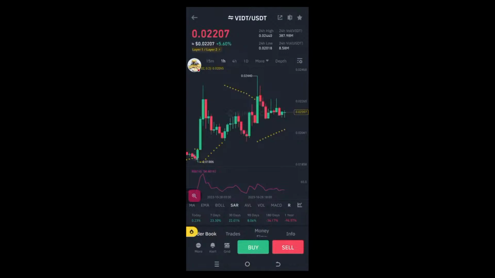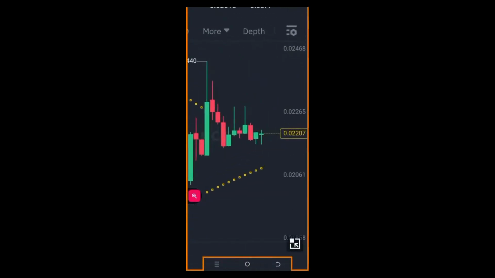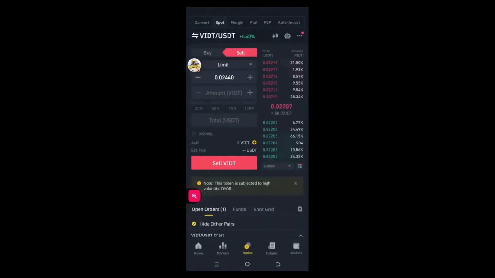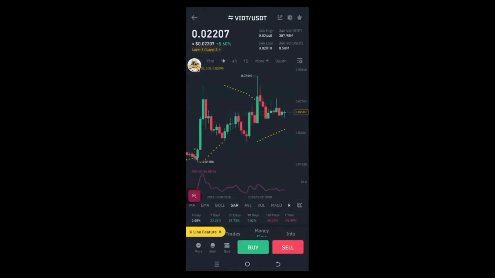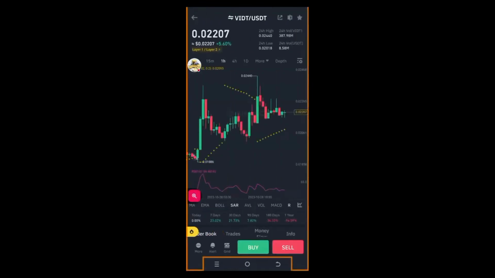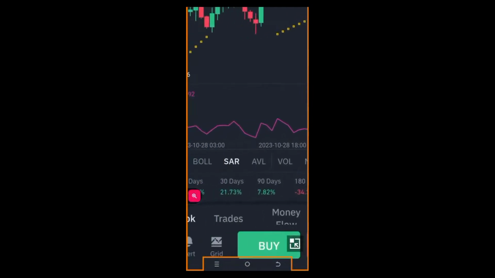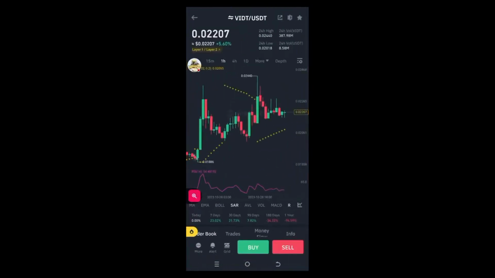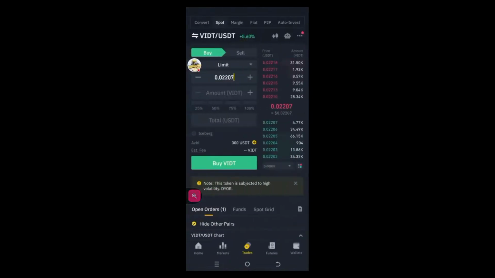VIDT. I just pray that as it's going up, it just keeps on going up. It's not fully on pump mode, but the conditions look right. The parabolic SAR is under, and the RSI is not as high. Okay, let's go ahead and try this out.